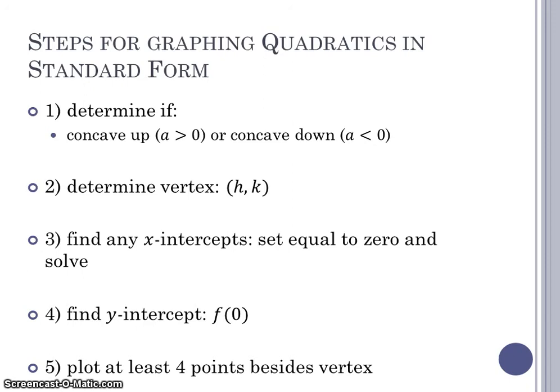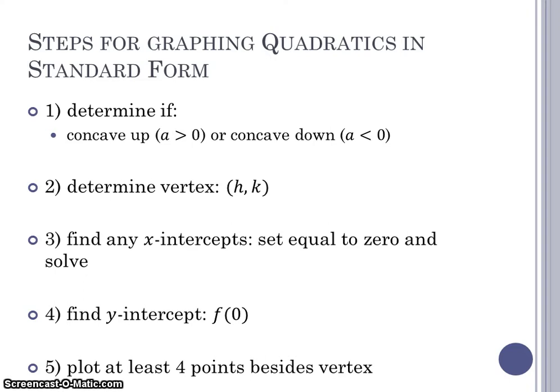So then after we figure out the vertex, there are often a couple of other really important points, the x-intercepts. Not every parabola will have x-intercepts. Our graph does not have to cross the x-axis, but if it does, we should know exactly where that happens.